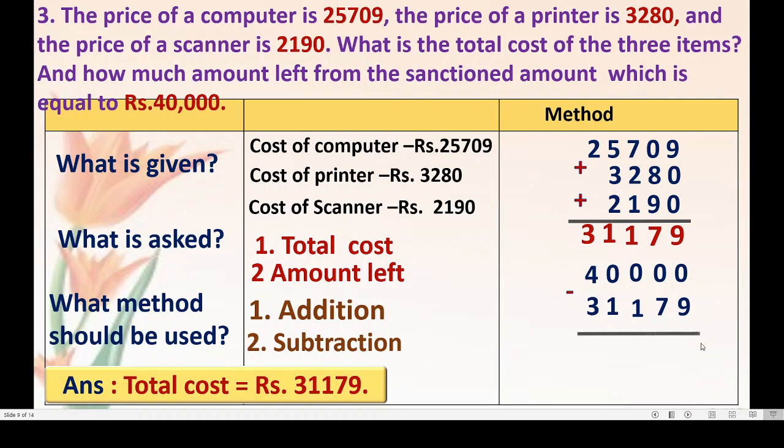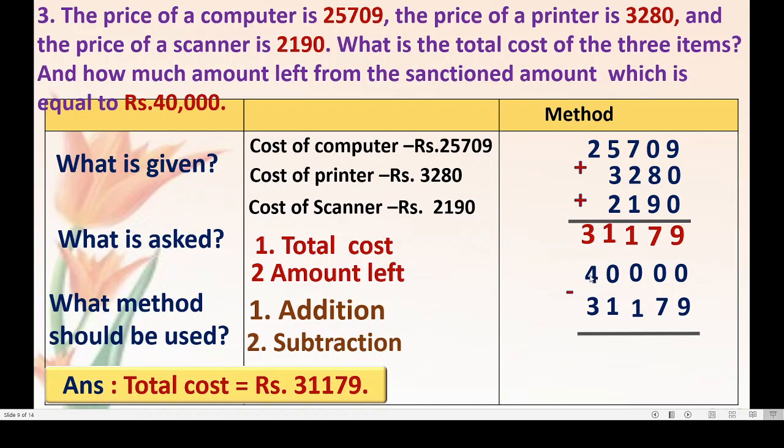Now we will subtract. 0 minus 9. Not possible, isn't it? So we will borrow from the tens place, nothing is there. From hundreds place, again 0. From thousands place, again 0. So we will move to the 10,000s place. Right?